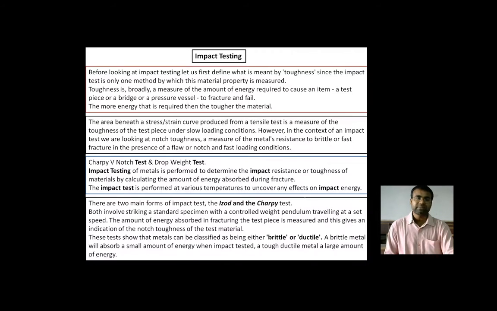And how is that possible? It is possible because of the change in temperature. So as you can say, the change in the working temperature of the particular material.